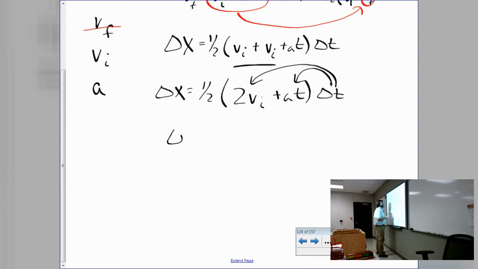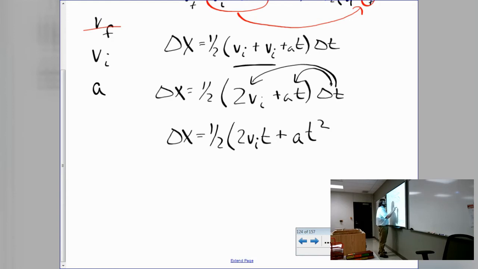And then that will give us our next one, which is half our two velocity initial times change in time plus a t, and then this would be squared. So that is factored in now.